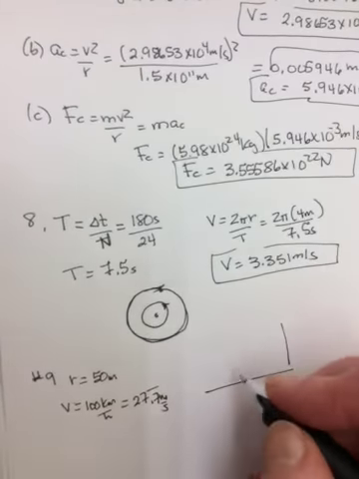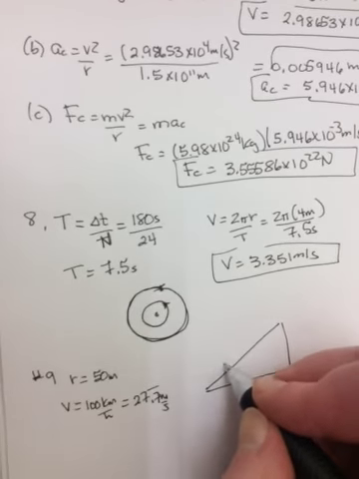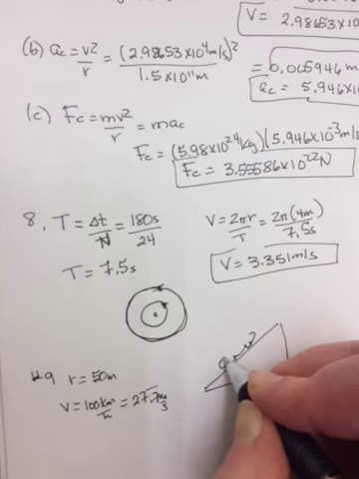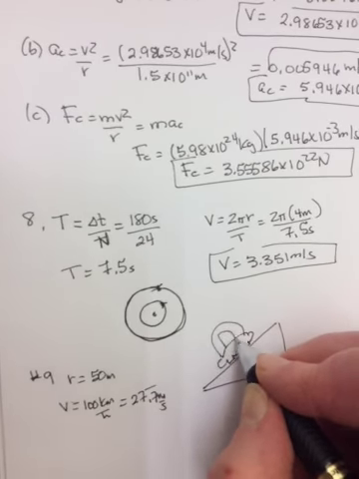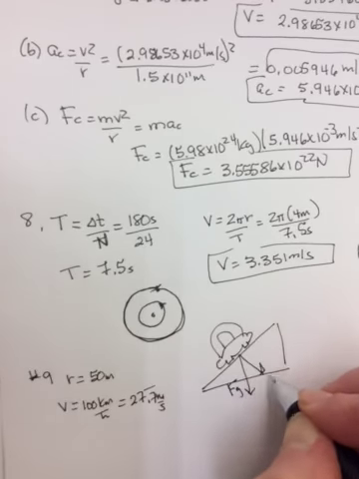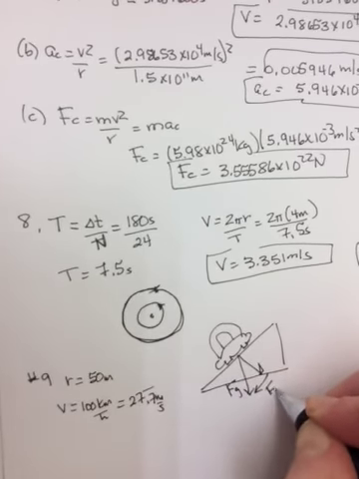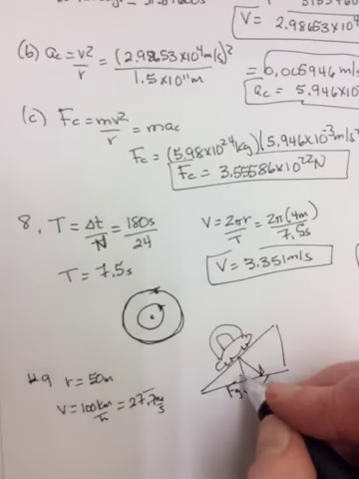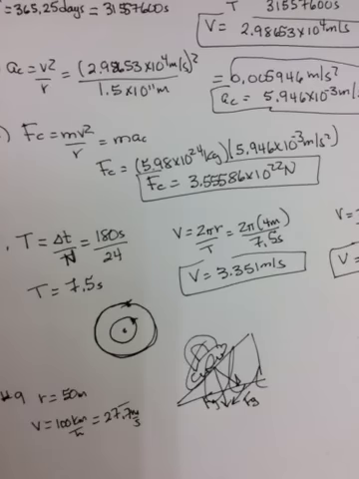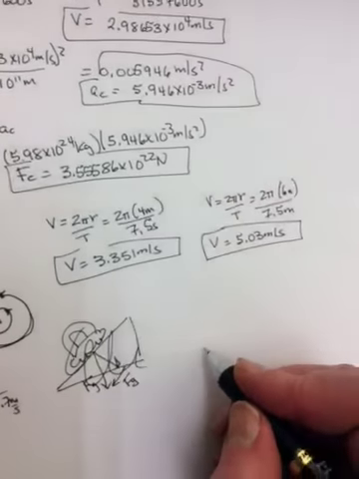Okay, so when we do our curve, here it is. Here's my car. Okay, F_g is acting down. Oh, don't do that. Ignore that. Let me flip. I was doing an inclined plane, and you don't want to do that.